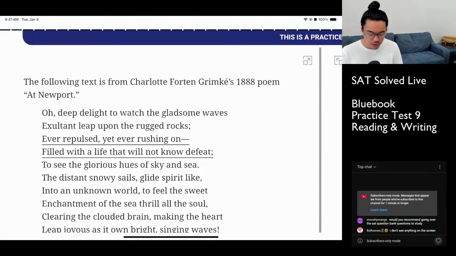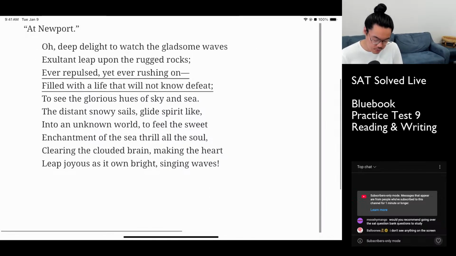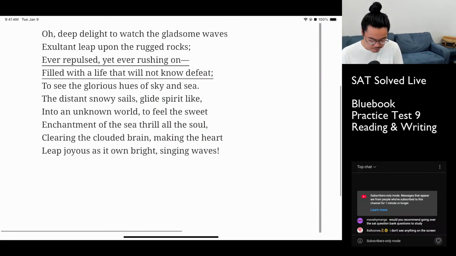Here we go. Charlotte Forten Grimké's 1888 poem At Newport. Oh, deep delight to watch the delighted waves leap delightedly upon the rugged rocks, ever repulsed, pushed back, yet ever pushing on, filled with a life that will not know defeat. Okay, to see the sky and sea.